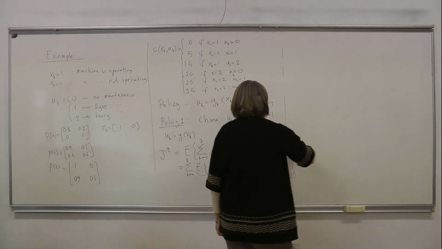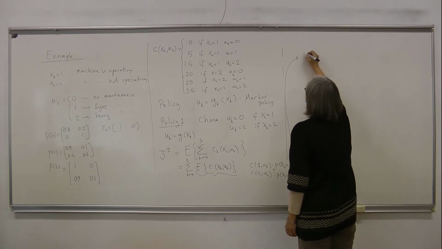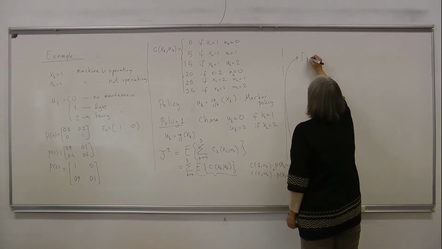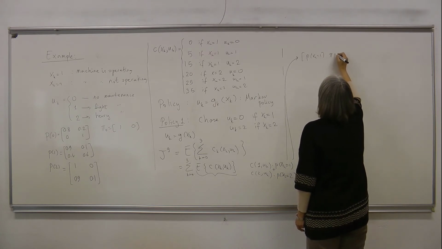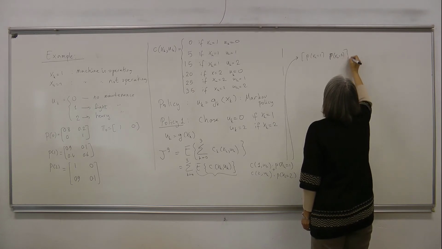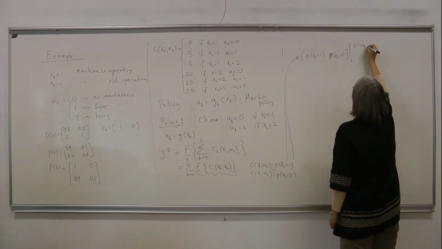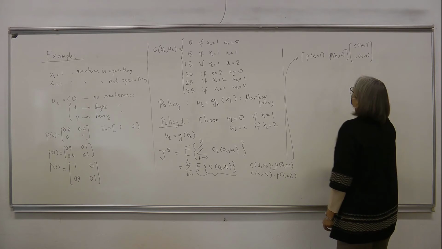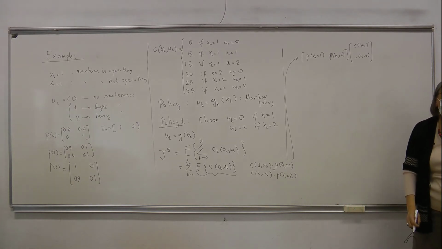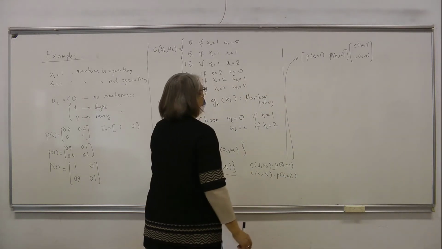And now I would like to write it in a slightly different way, as the probability that xk is equal to 1 and the probability that xk is equal to 2, multiplied by that vector C of 1 uk, C of 2 uk. Okay. And we already know what our u is, because u is determined by that g here.